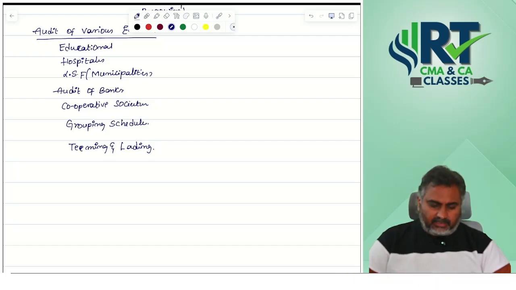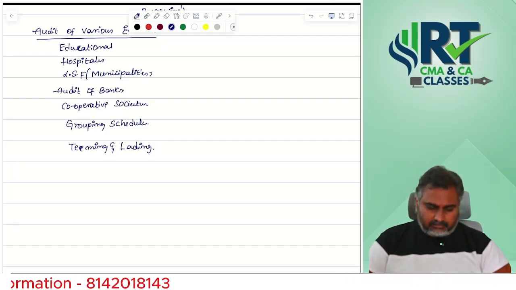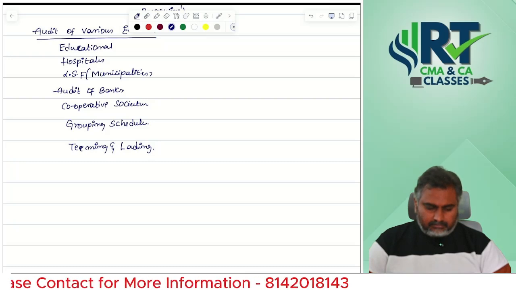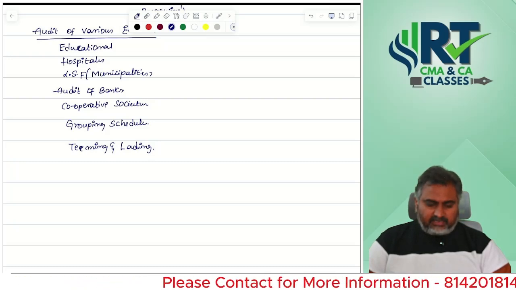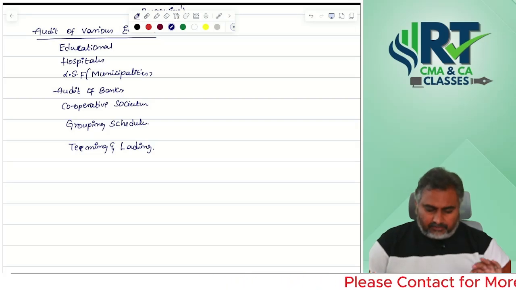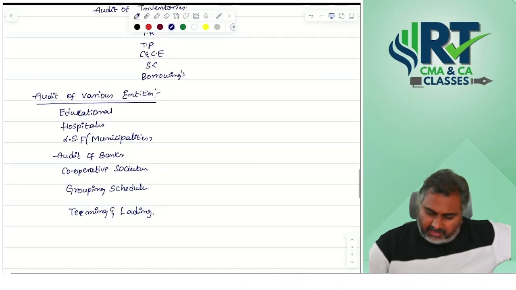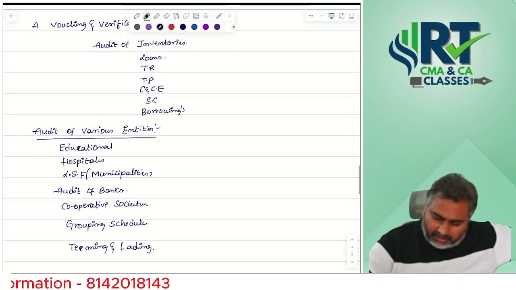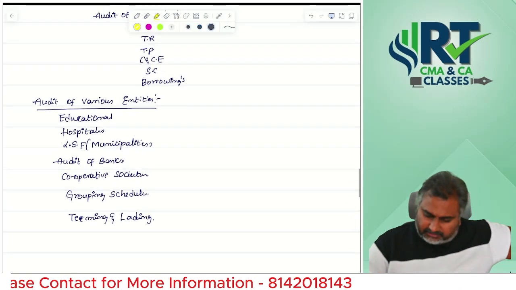Teaming and lading, these are the areas they will focus more on. And especially try to highlight certain points.